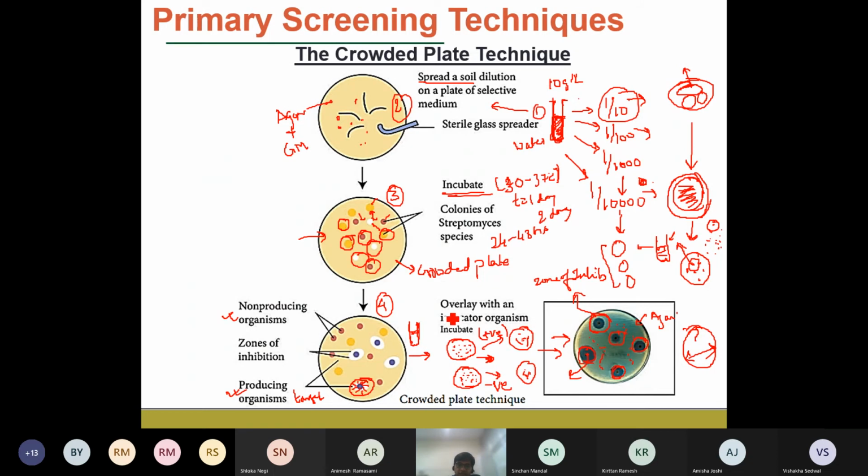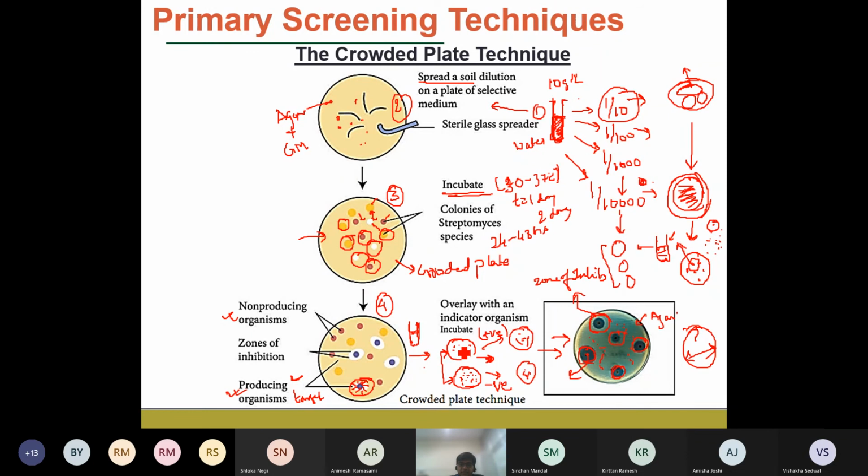So you can see how, from the crowded plate technique, we can separate out our targeted antibiotic producing microorganisms, then do the subculturing, classify the antibiotics into types, and quantify how much antibiotic is produced, which type of antibiotic is produced, and so on.